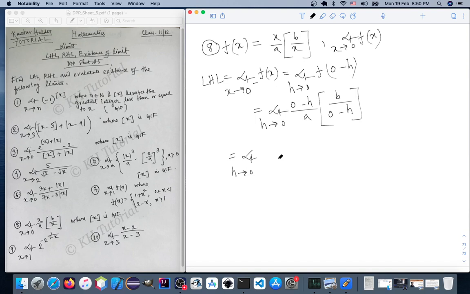This is minus h by a. We can substitute the box with b by 0 minus h, which means it is b by minus h minus fractional part of b by minus h.